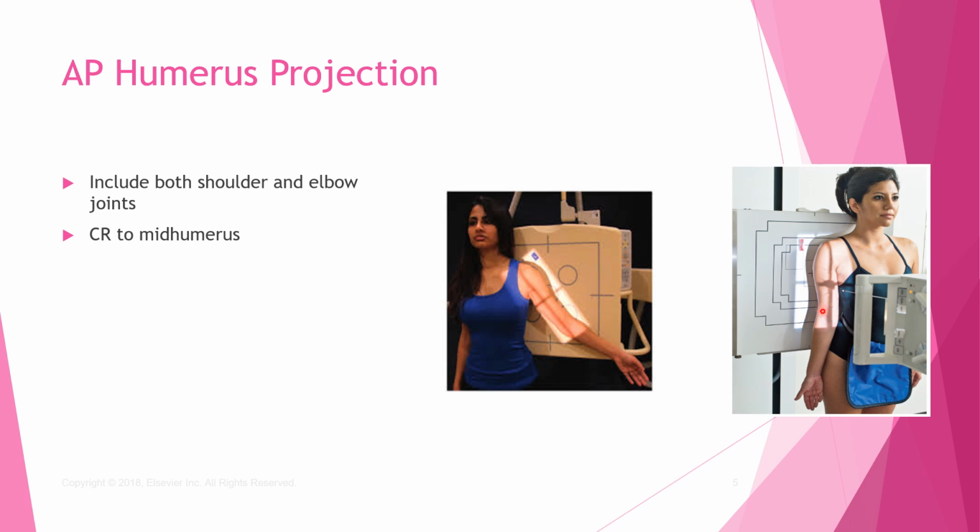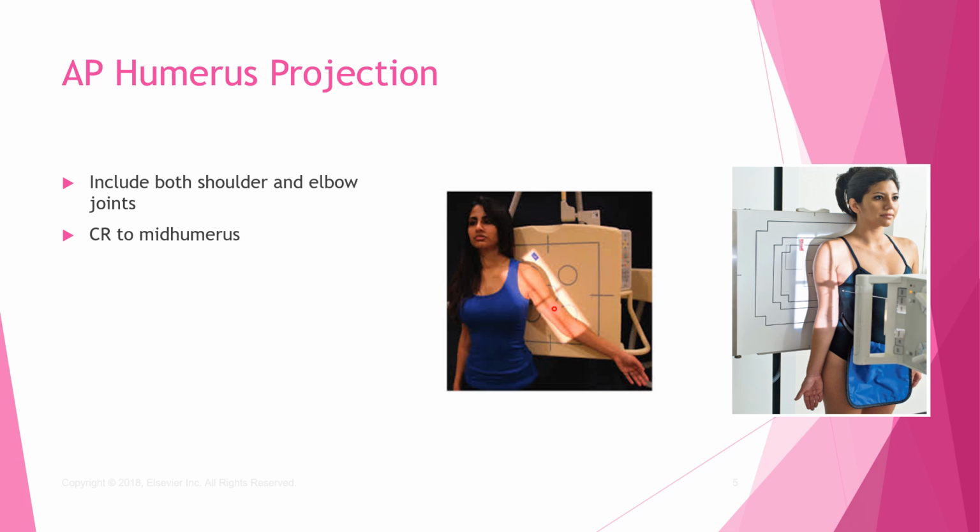I personally think it's uncomfortable to stand with your arm like that. I feel like this does a much better job because the patient's not as uncomfortable if you abduct the arm away from the body slightly. It doesn't necessarily have to be this much, but that is not a crazy amount.